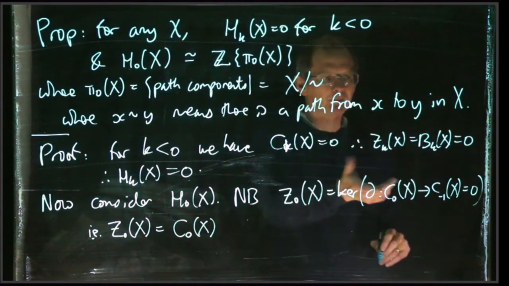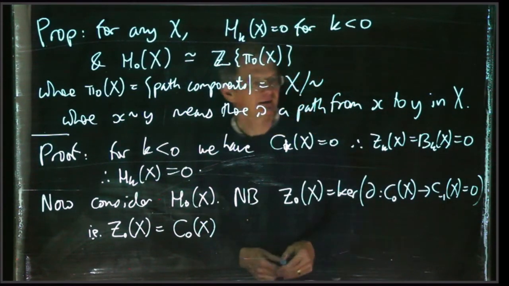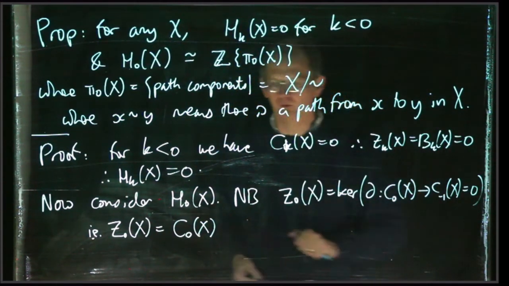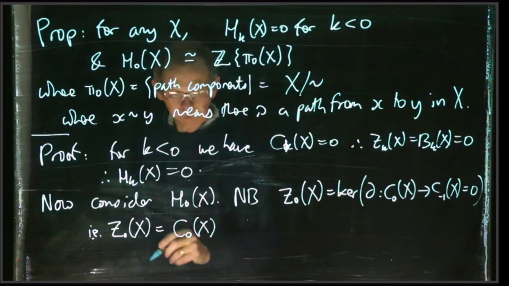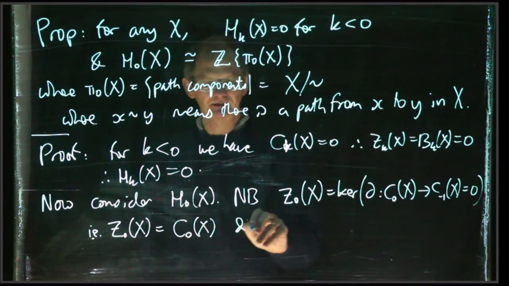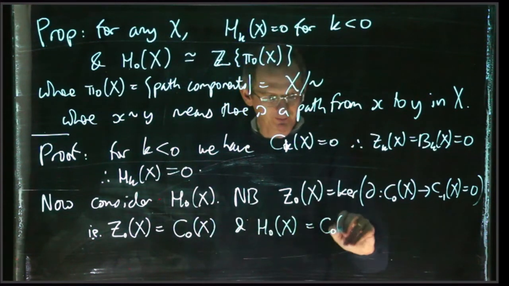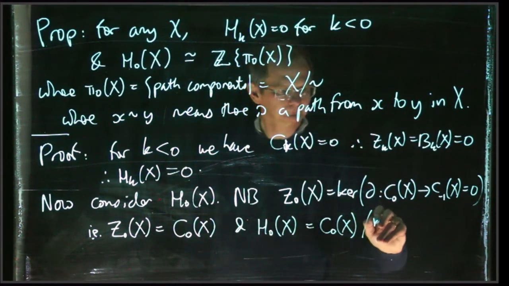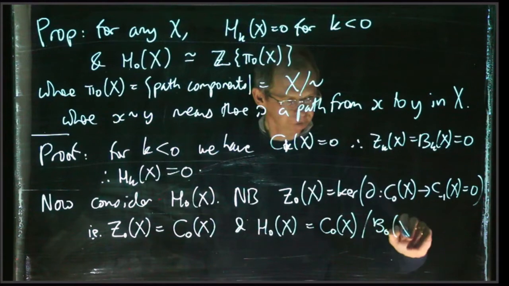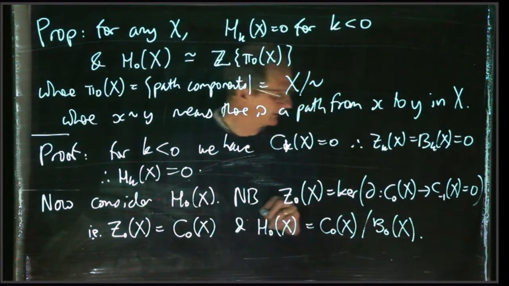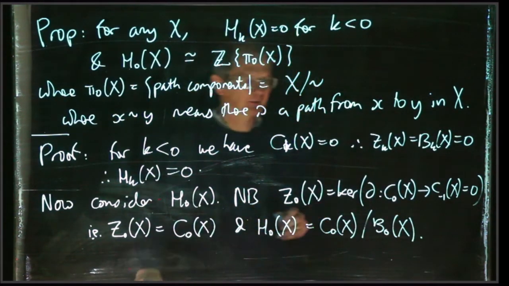They're homomorphism to the 0 group. The kernel has to be just the whole domain. And so H_0(X) is C_0(X) mod B_0(X). Okay, so how do we understand that?